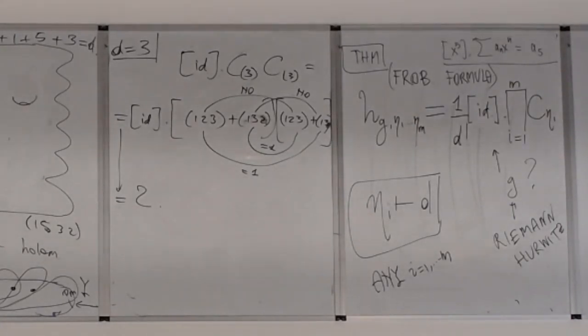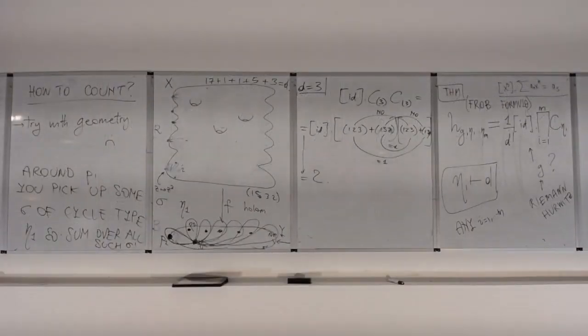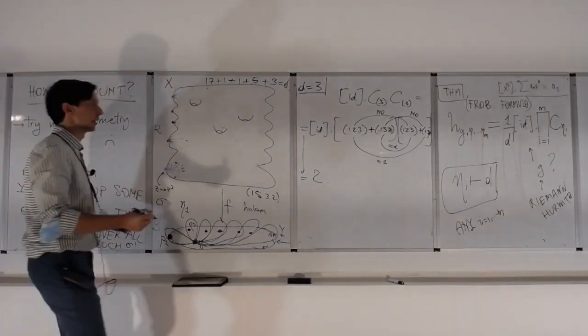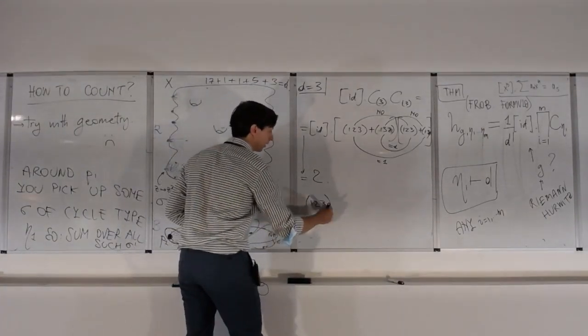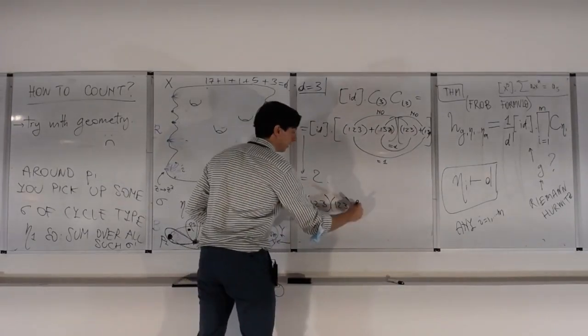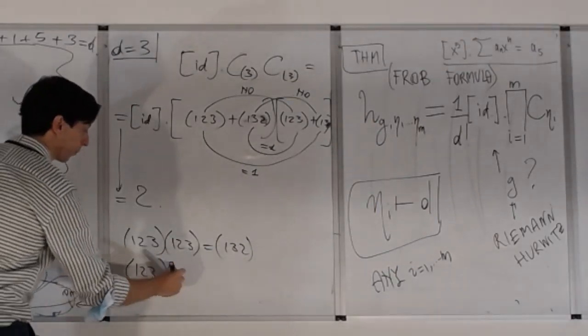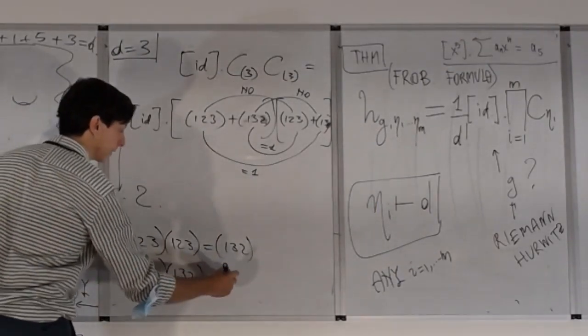When you say times, you mean composition of permutations. Yes. You're convinced, right? (1 2 3) composed with (1 2 3) is (1 3 2). But (1 2 3) composed with (1 3 2) is the identity.